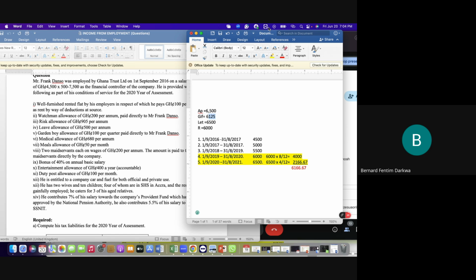Taxation is a lot of calculation, and I want you to practice because bit by bit, you get to know how to do it. So everybody should be involved. Try to calculate it. If you get it, whenever you meet it, you can do it. So do the bonus calculation, everybody. I'll call somebody right now to tell me how you did the bonus and what the excess bonus is, if any.